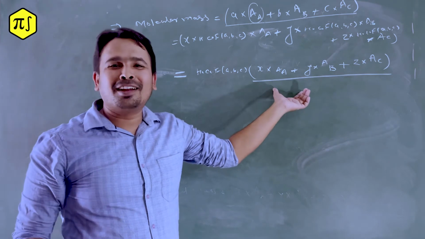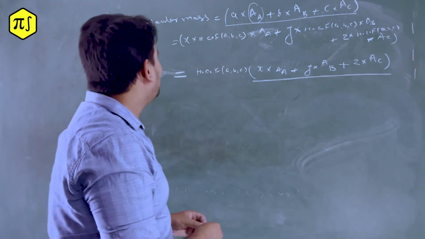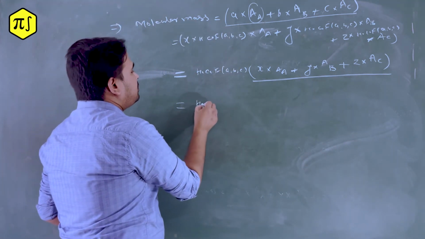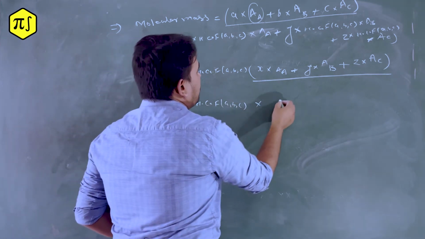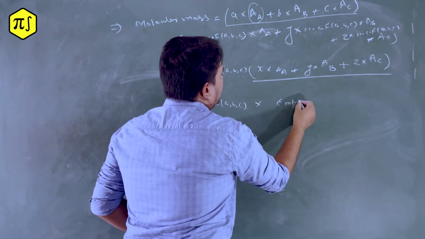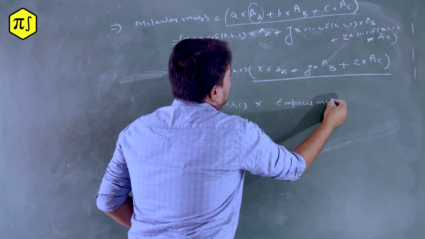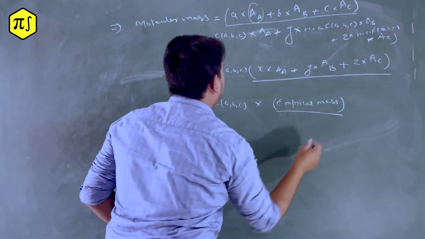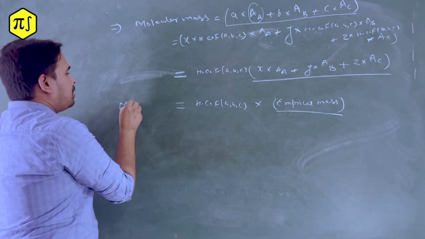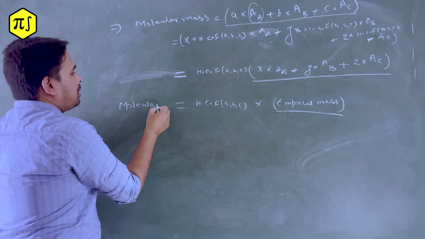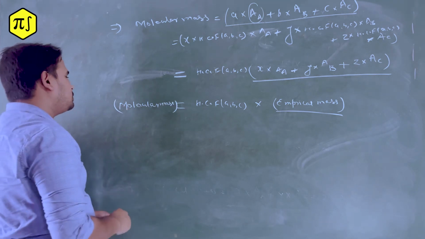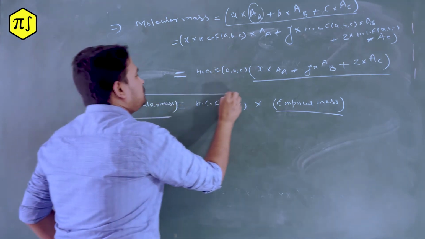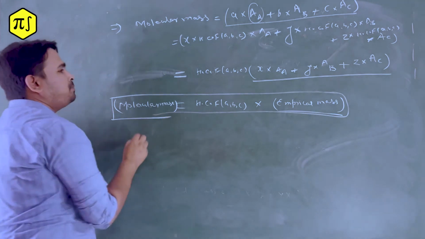This is the empirical mass, right? So let's write down here: HCF of a, b, c into the empirical mass. So you know, we are now able to draw the relationship between these.